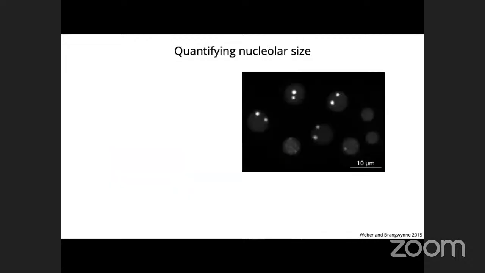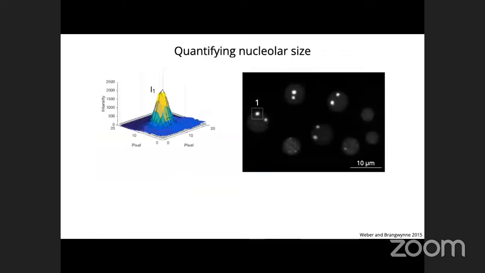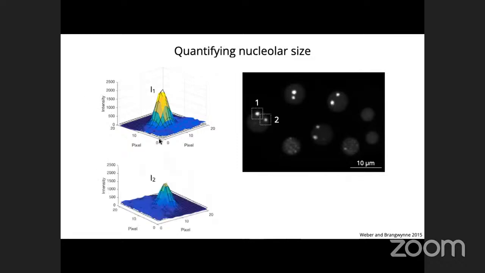Okay, so if we want to measure this quantitatively, we're physicists, then we can look at the integrated intensity, the brightness of this image. This is a three-dimensional plot of this bright white spot, how high it is relative to the background. This is an eight-cell stage, so in each cell there are two nucleoli.